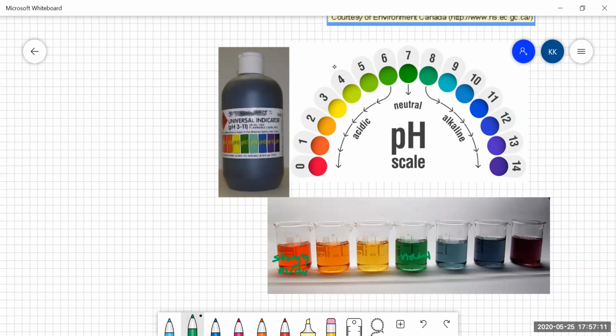Right down at the violet end, we have the strongly basic substances. In between, we have the orange and the yellow being weakly acidic, and the blue and turquoise being weakly basic. You can get a nice range of colors out of that indicator, so it's a fairly useful indicator if you're trying to work out the acidity or basicity of substances.